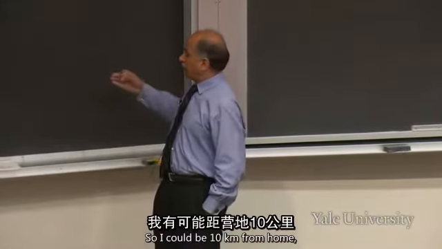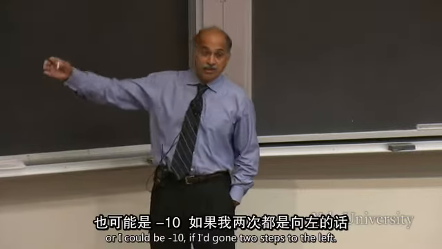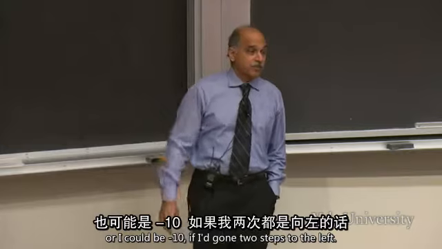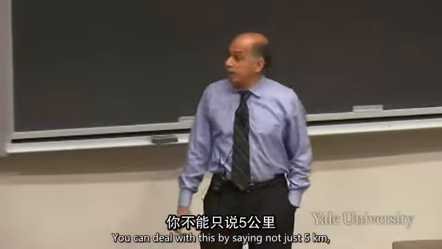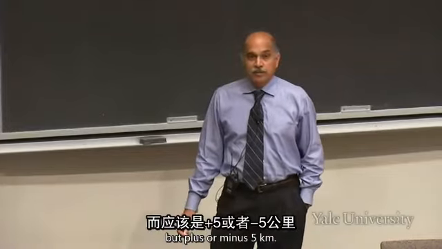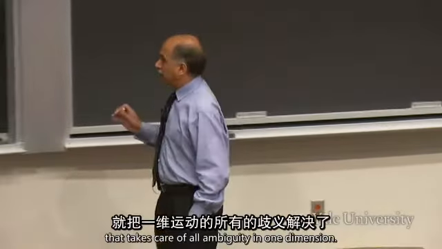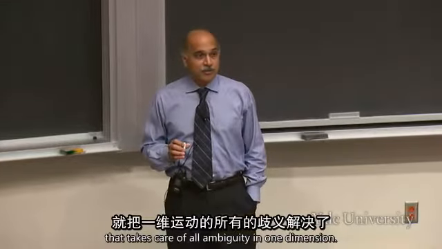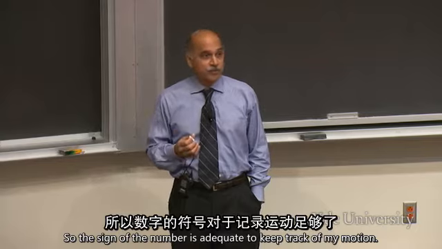So I could be 10 kilometers from home, I could be 0 kilometers from home, or I could be minus 10 if I'd gone 2 steps to the left. But you can deal with this by saying not just 5 kilometers, but plus or minus 5 kilometers. If you give a sign on top of the number, that takes care of all ambiguity in 1 dimension. So a signed number is adequate to keep track of my motion.